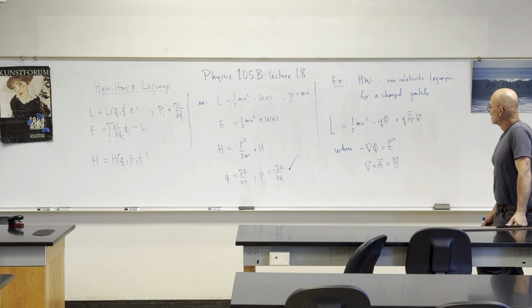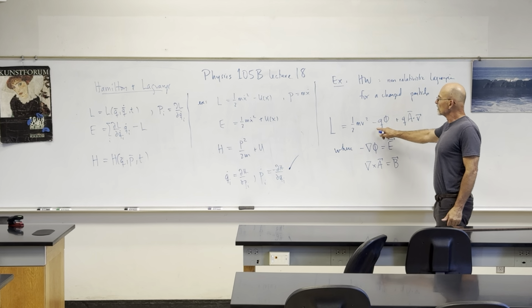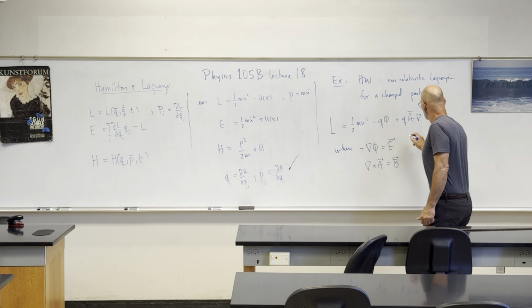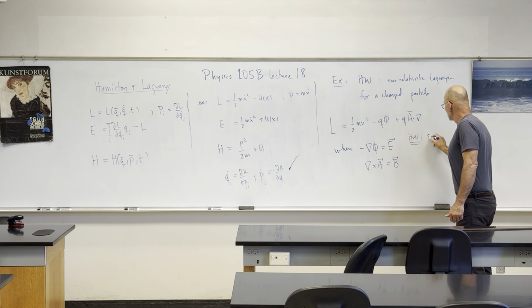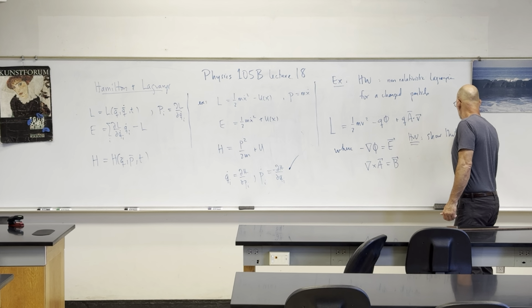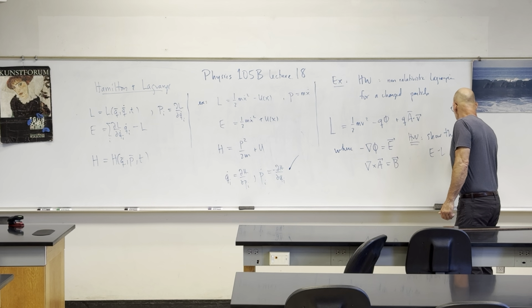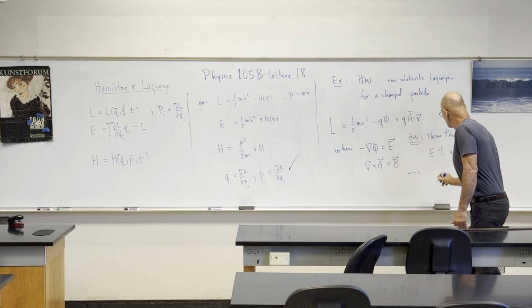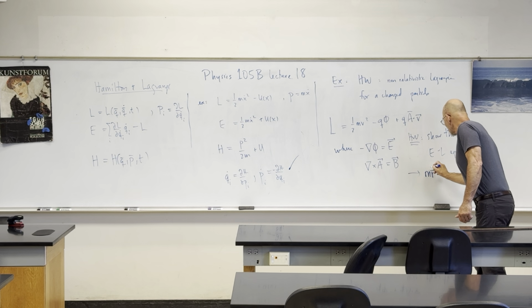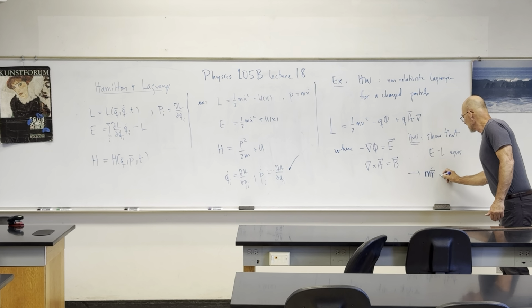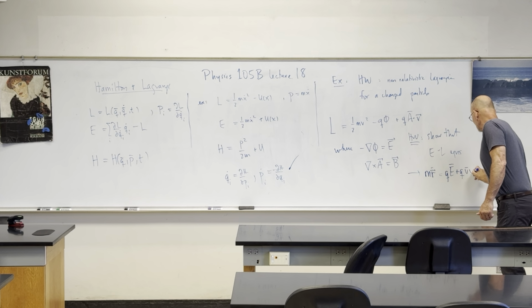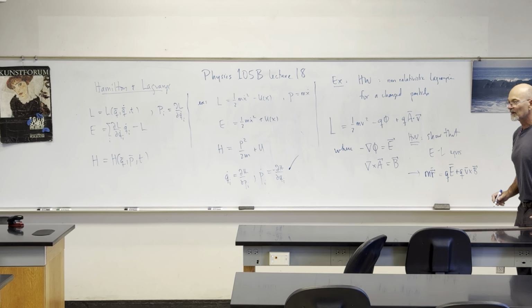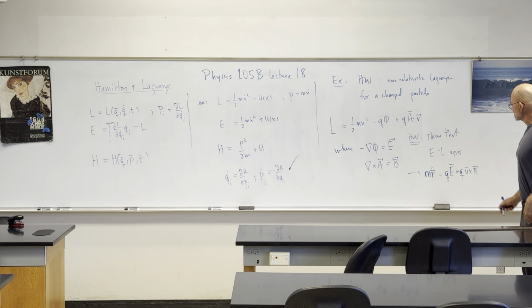So we have to prove this. What do we actually have to prove? We want to show that the Euler-Lagrange equations, homework, show that Euler-Lagrange equations lead to m a, down here at the bottom of the board, equals qE plus q v cross B. You guys recognize this too, right?